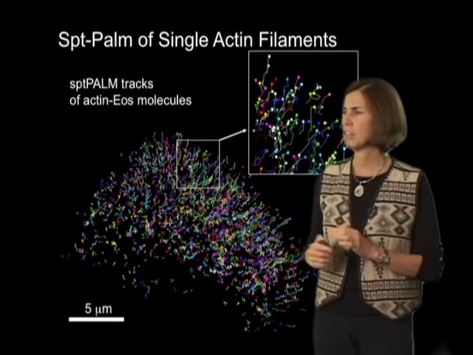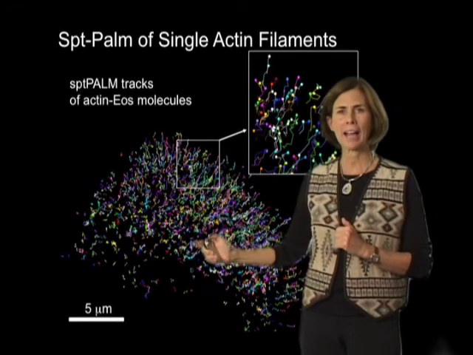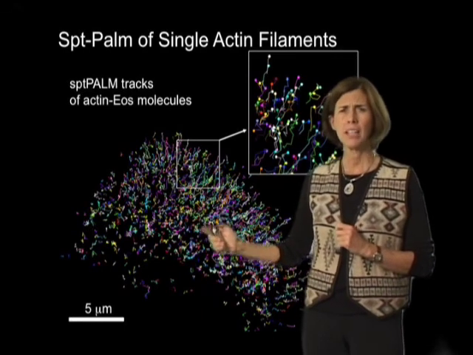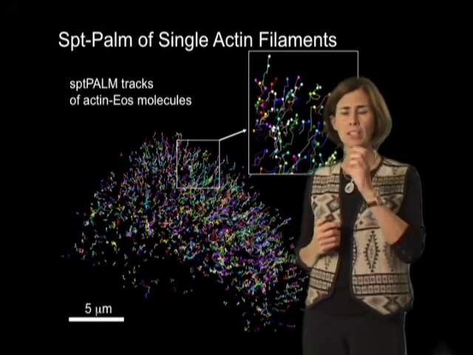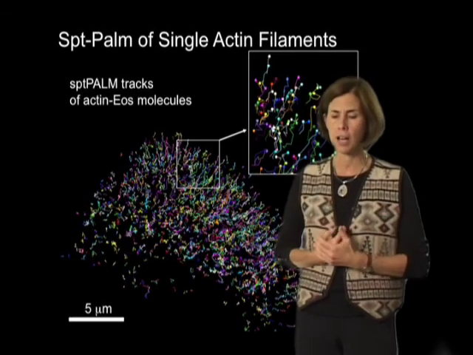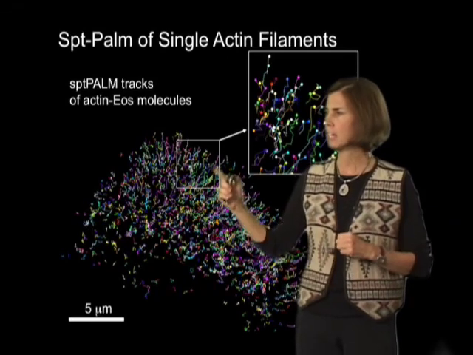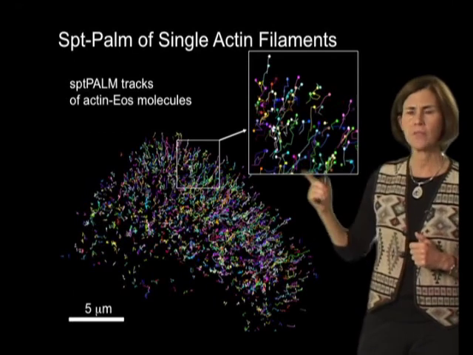So this is a living cell, and you're just tracking the movements of individual actin molecules. Because the actin molecules that are part of filaments are moving relatively slowly compared to actin that's free in the cytoplasm, you can actually track the behavior of individual actin molecules within that filament.